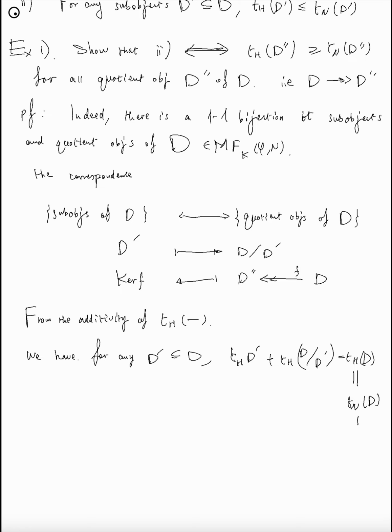This is a constant. And similarly we have this additivity of Hodge number, so to say that Hodge number is always less or equal than the Newton number for subobjects is the same as saying that Hodge number is always bigger or equal than the Newton number on the quotient objects. That's the proof.